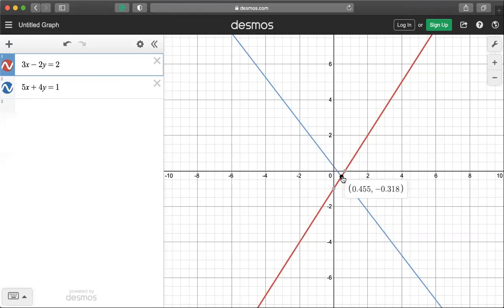And notice that if I click right here, the dot, this point here is 0.455 and negative 0.318. So here we come to a problem where this may be a rounded answer. You definitely don't see it in terms of fractions.